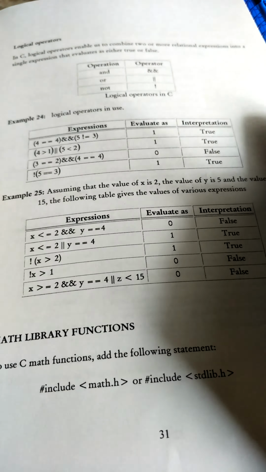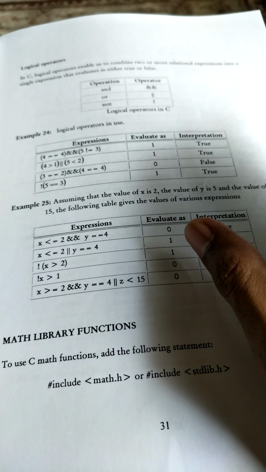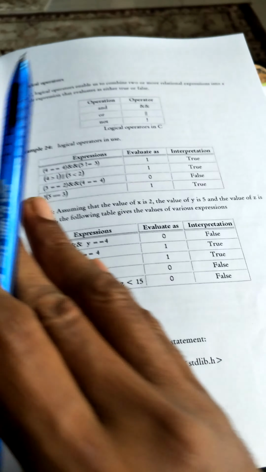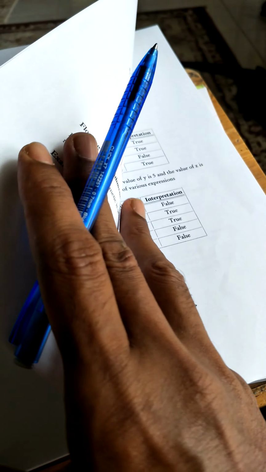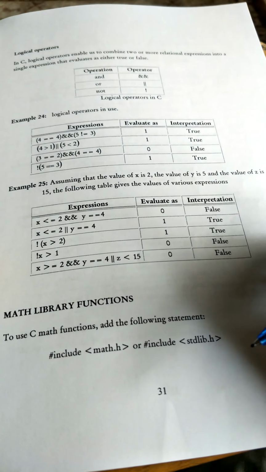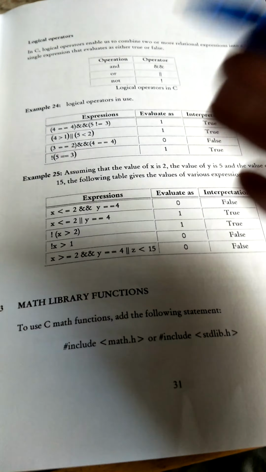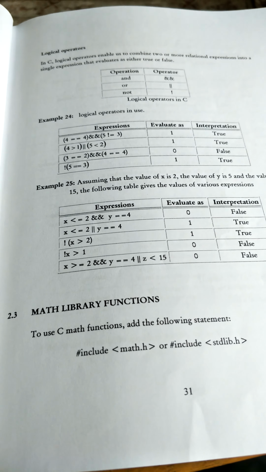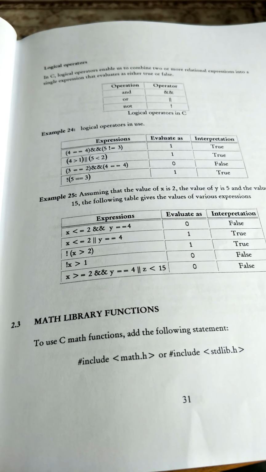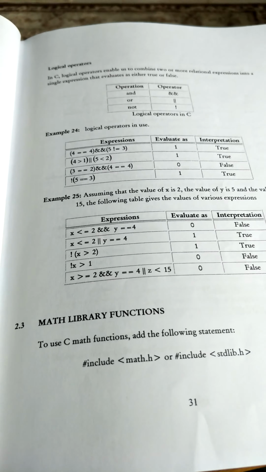Now for this video, I stress the global variable and local variable, as well as the mathematical operators, plus, minus, division, multiplication in C. So we are not doing any programming yet at the moment.